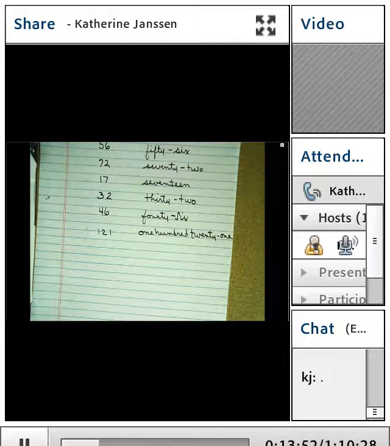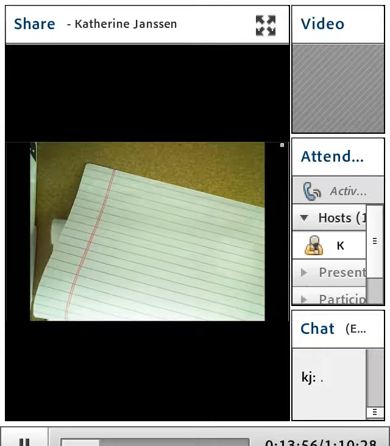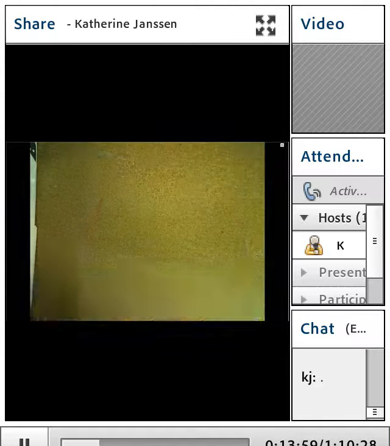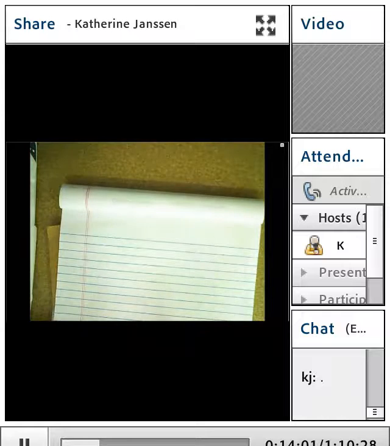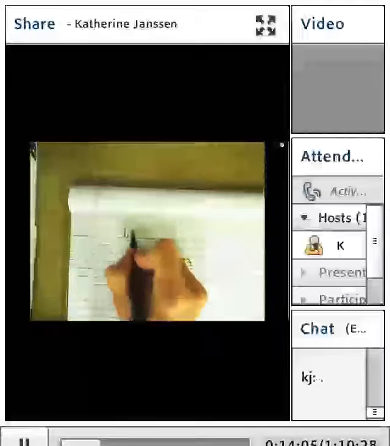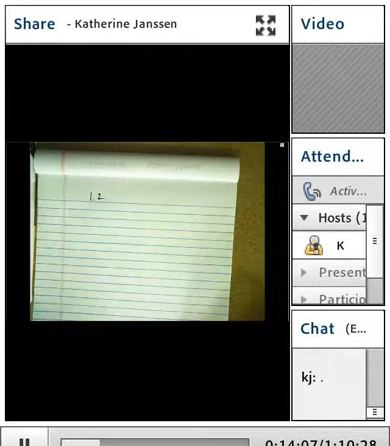In section 1.2 on page 9, we're talking about defining our whole numbers and natural numbers.